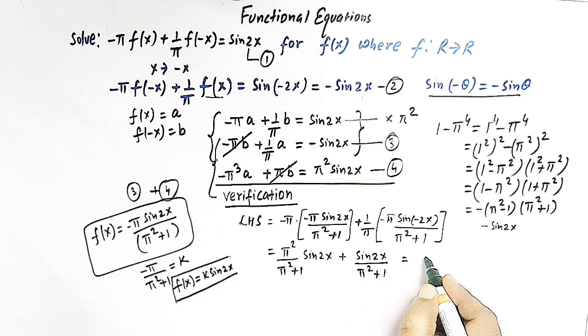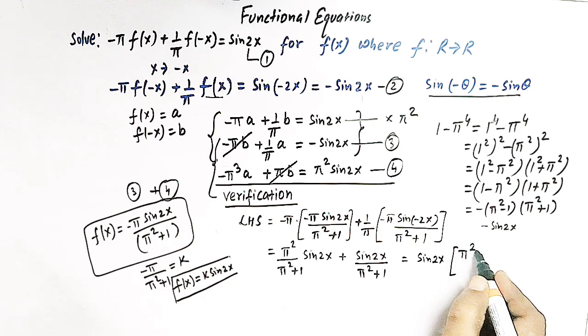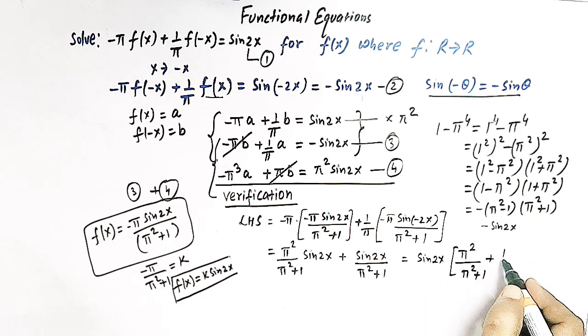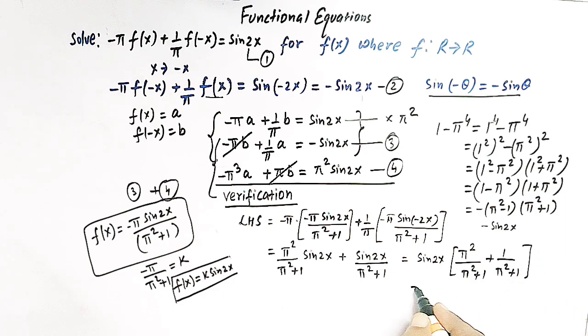So now taking sine 2x common, we have pi square over pi square plus 1 times sine 2x, plus 1 over pi square plus 1 times sine 2x, and in the denominator we have pi square plus 1.